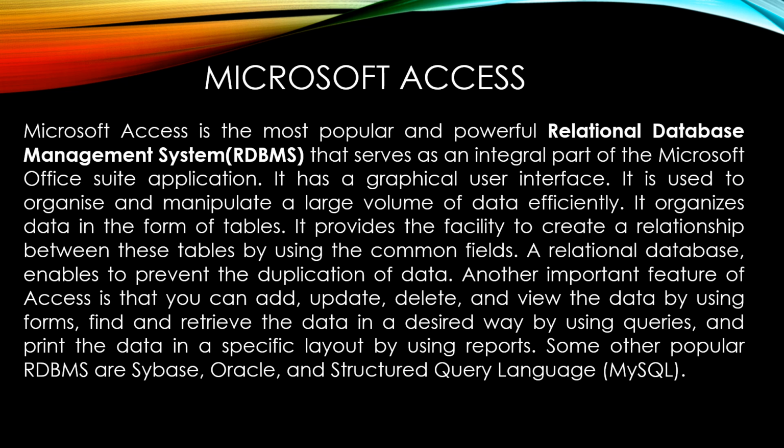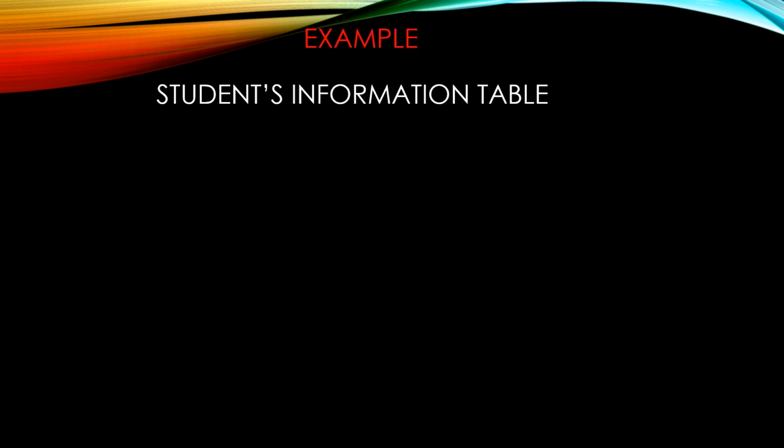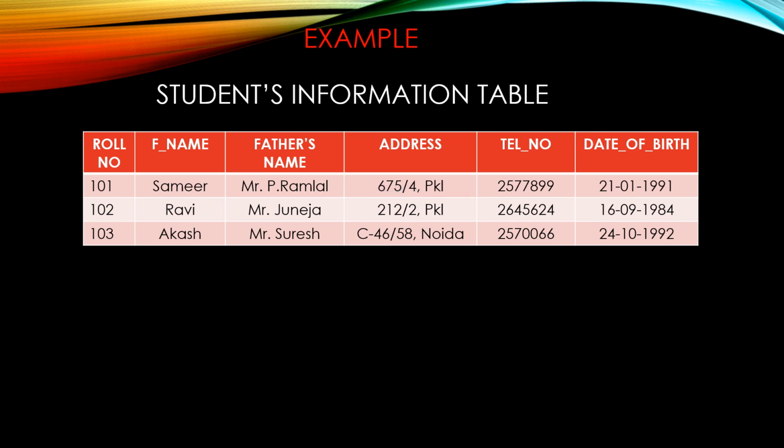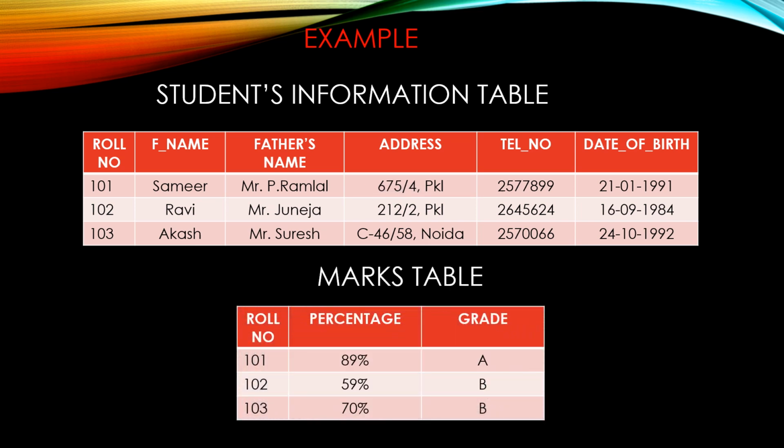Now let us see one example. Like we are taking two tables here. One table has the information of the students. Another table is the marks table. Just now we learned that we can create relations using the common fields. If you keenly observe these two tables, what will be the common field in this? Right, roll number.